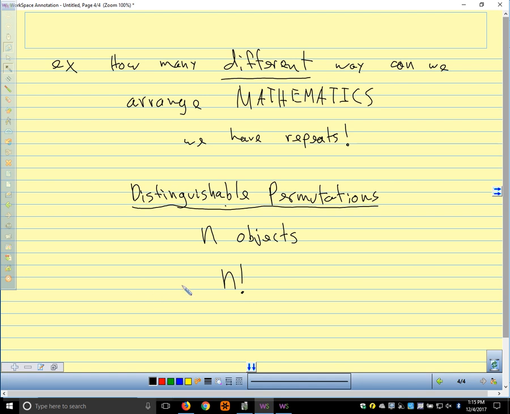So we're going to divide by N sub 1 factorial times N sub 2 factorial, N sub 3 factorial, dot, dot, dot, to N sub k factorial. And this is how many of that particular letter we have.